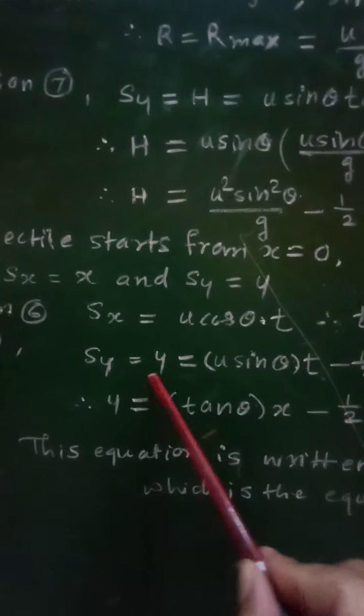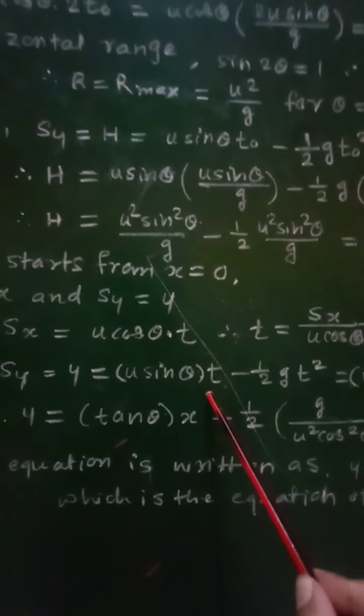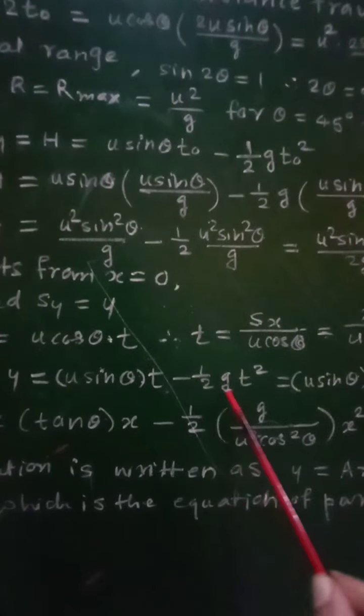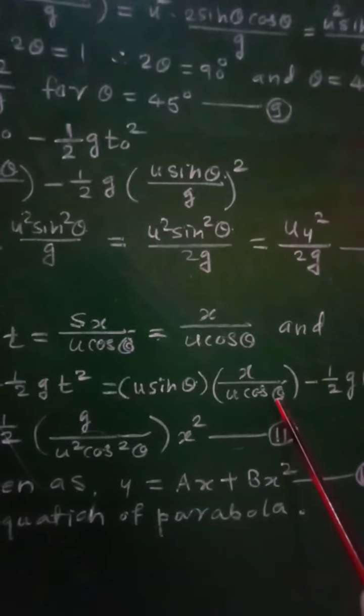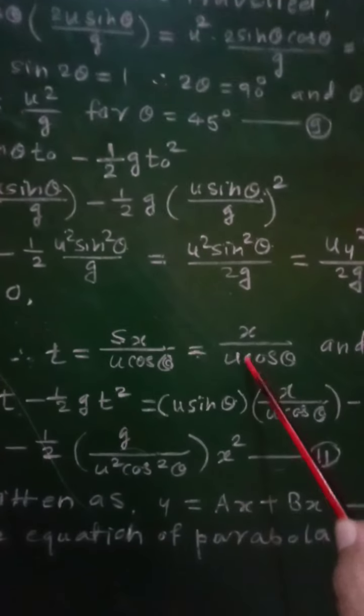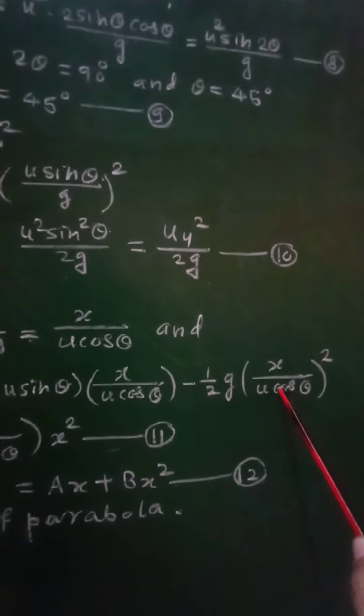And then Sy, displacement in vertical direction, will be equal to y, that is equal to u sin theta into t minus half gt square from equation 7, and then this will be u sin theta into x upon u cos theta, that is the value of t, minus half g into (x upon u cos theta) square, that is t square.